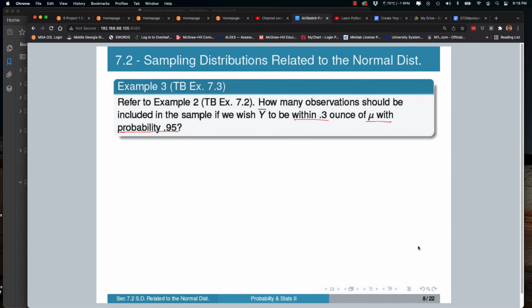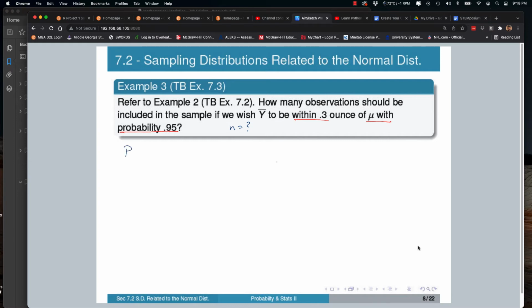Everything's set up the same, except now we know what the probability outcome needs to be, but what we don't know is what n is. N equals what? That's what we're looking for, the sample size we need so that we can assure that we'll be within 0.3 ounces with a 95% probability.